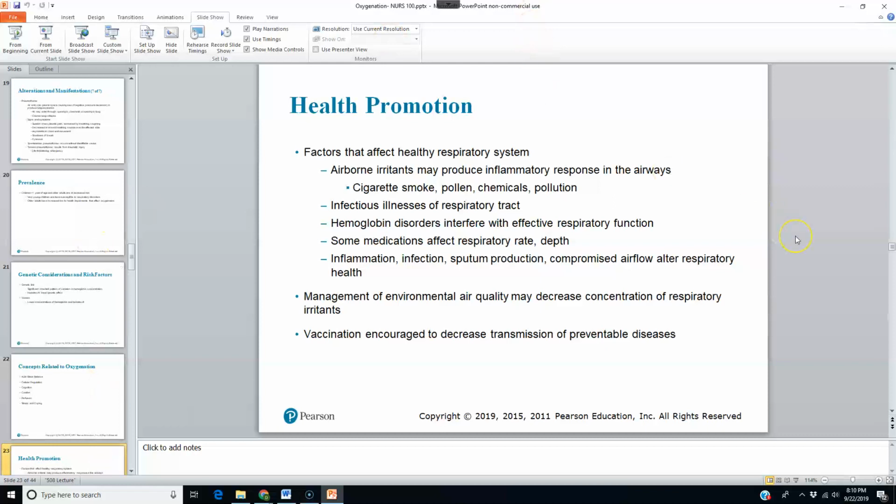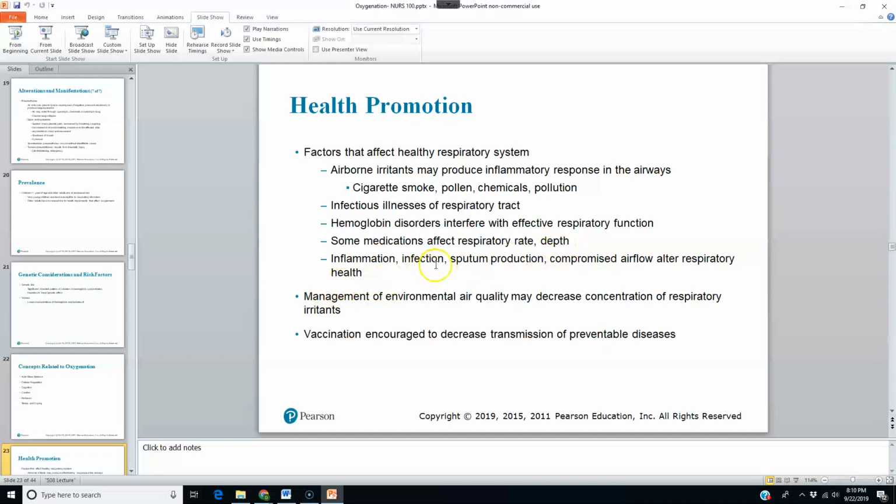These are factors that affect healthy respiratory systems. Some are airborne irritants, maybe people are allergic to pollen in the air, cigarette smoke, chemicals, pollution. People get sick and they develop infections of the respiratory tract. Hemoglobin disorders, patients develop anemia. Some medications affect respiratory rate and depth.